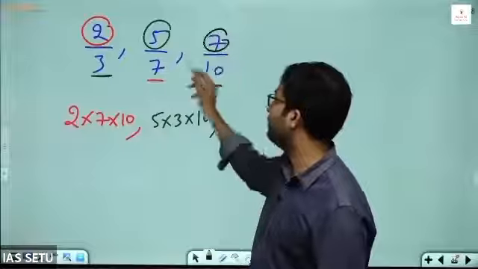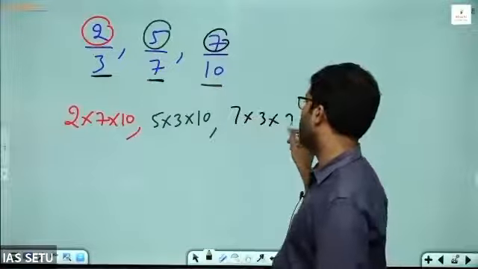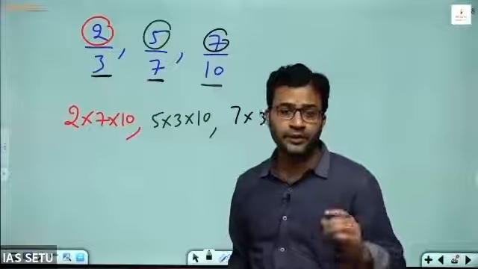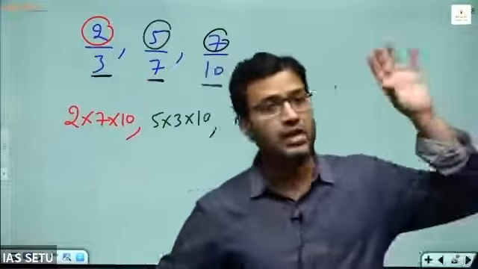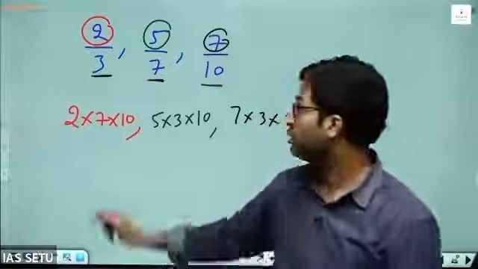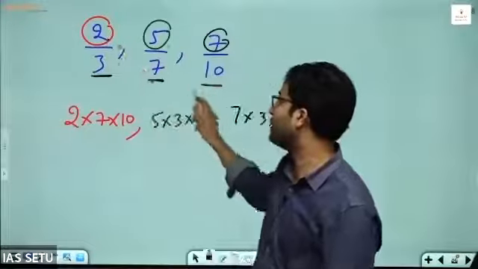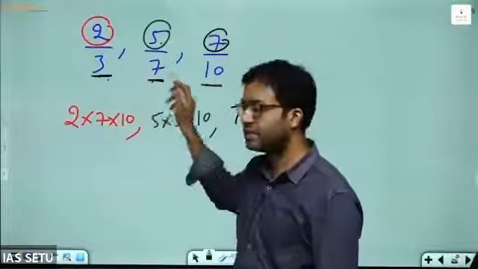Here, this is 7 into 3 into 7. So rule here is we multiply the numerator with the remaining denominator. If there are 3 fraction or 4 fraction, multiply the numerator with the remaining denominator. So multiply this 2 with 7 and 10, multiply this 5 with 3 and 10, multiply this 7 with 3 and 7.